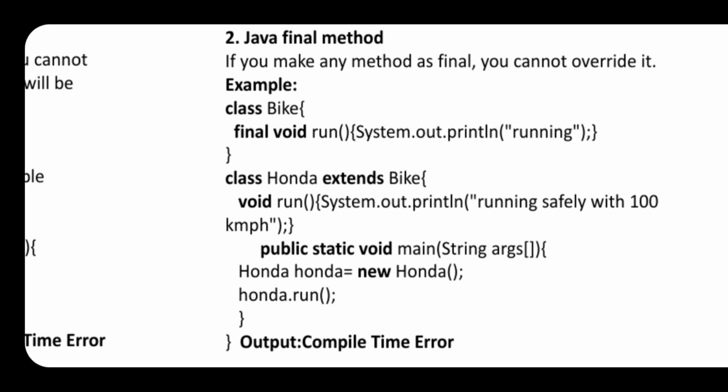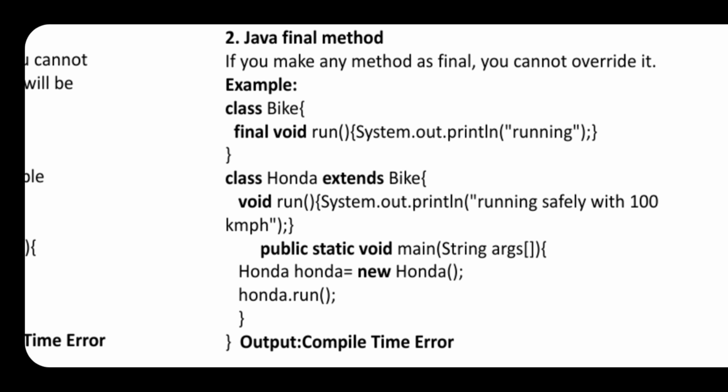So within that one also you write void run, System.out.println running safely with 100 kmph. In Honda you are writing 100 kilometers per hour, but in your Bike you have written running. So the name, signature and return type are the same. If a method is defined with final, it could not be reassigned or reused within the next class.